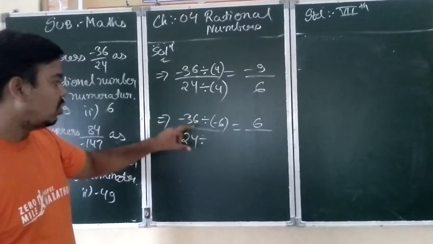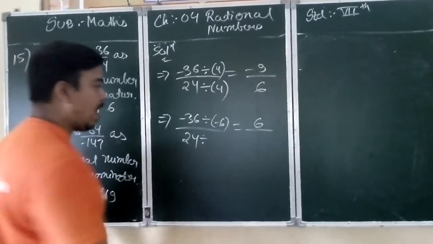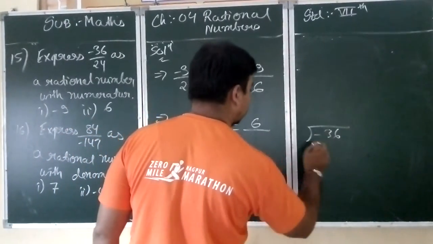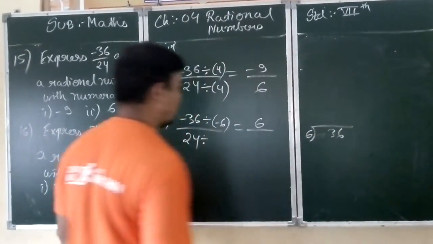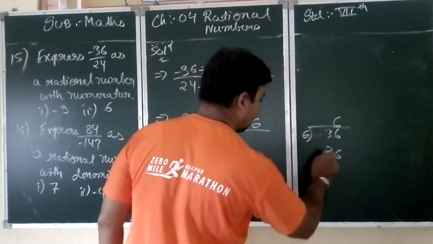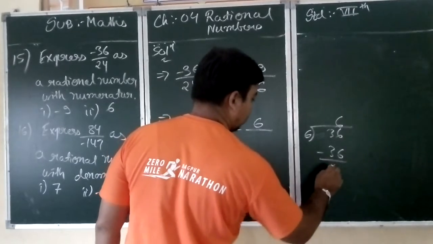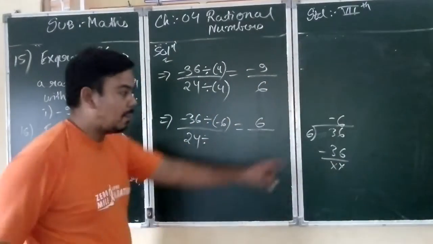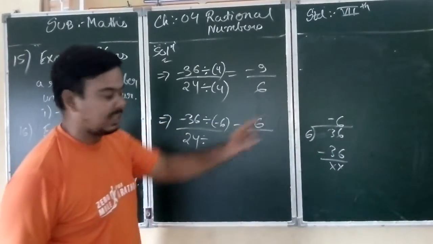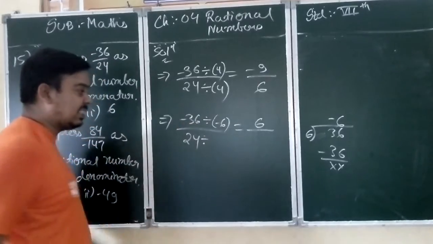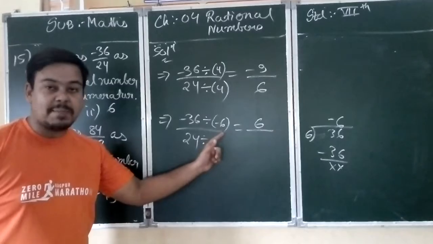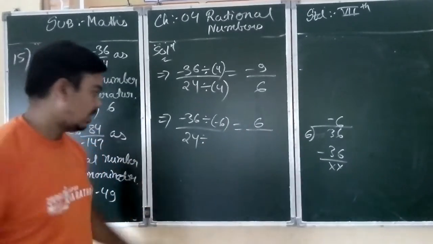If you didn't understand, what to do? Divide minus 36 by this 6. So minus 36 divided by minus 6: minus minus is plus, 36 divided by 6, so the answer is 6.